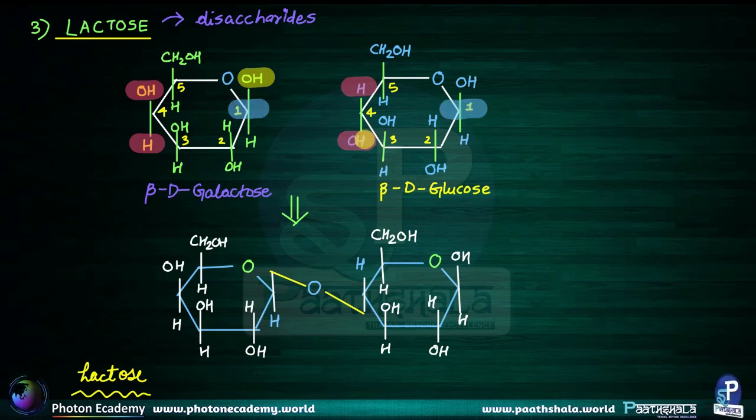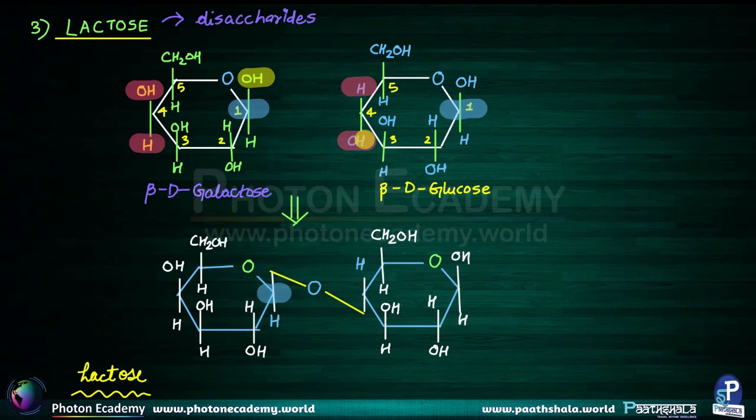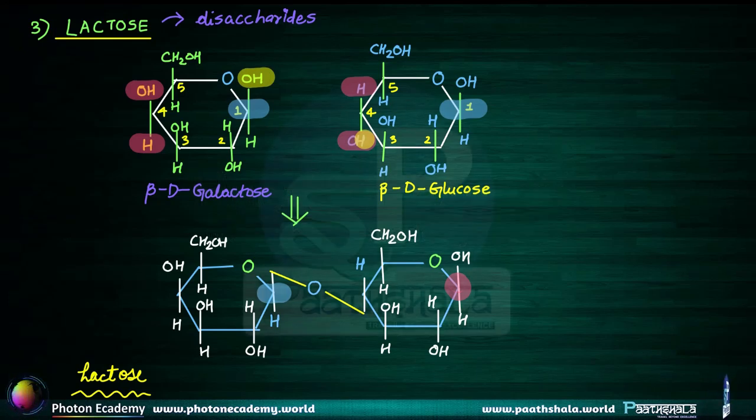When we join these two monomeric units, we notice that the C1 of beta D galactose is destroyed in the process of forming the ether linkage, but the C1 of beta D glucose, this particular carbon, remains intact. So the beta D galactose unit will act as a non-reducing unit, but the beta D glucose unit will act as a reducing unit. So overall, lactose turns out to be a reducing sugar.